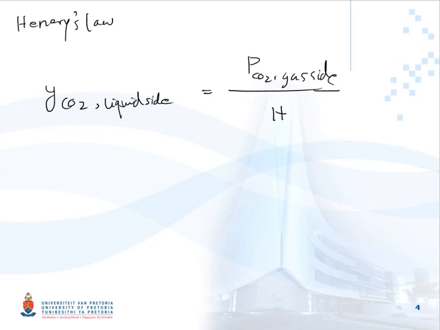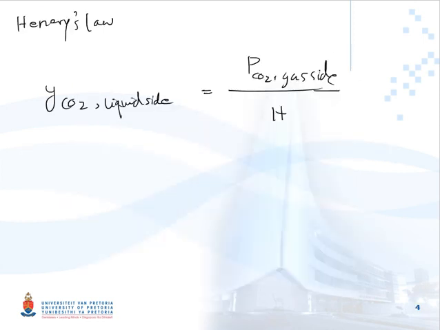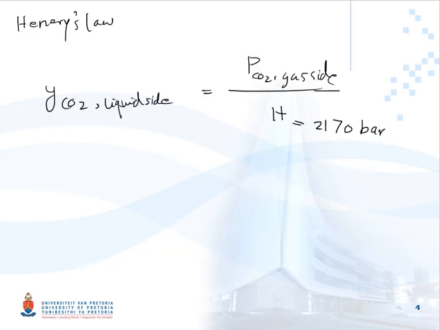If you remember, just like we mentioned about the H or Henry's constant, we went to table 14.6 and we read it, so we have it here, equal to 2170 bar. Here we have the partial pressure of carbon dioxide, so we just write it down, equal to 123.7 kilopascal. Okay, so we just do the calculation and we have the mole fraction of carbon dioxide.